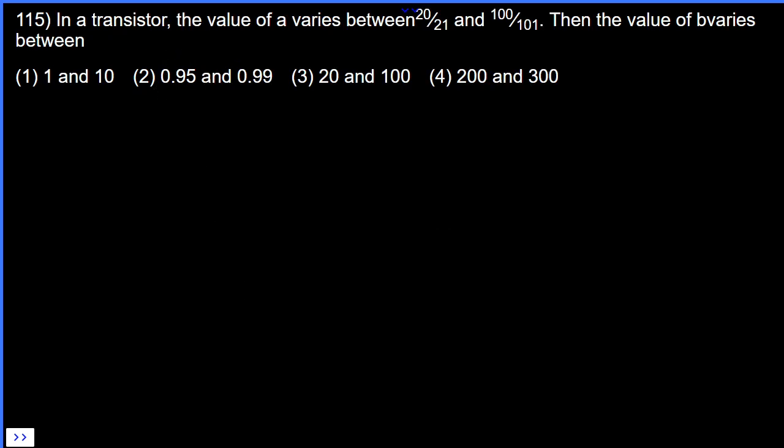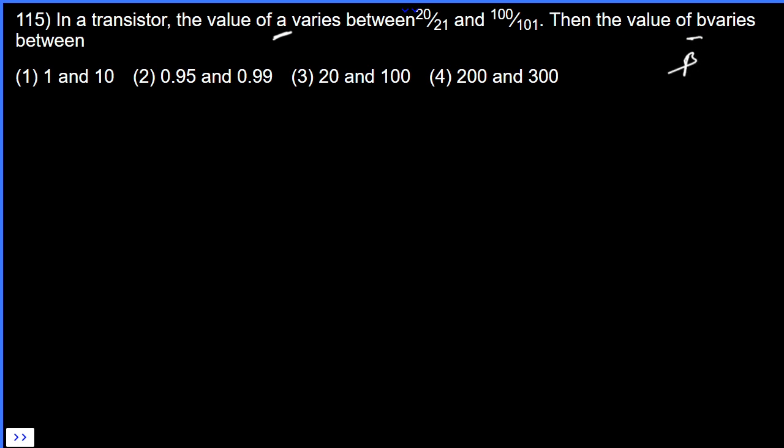Problem number 115. In a transistor, the value of alpha varies between 20 by 21 and 100 by 101. Then the values of beta vary between what?